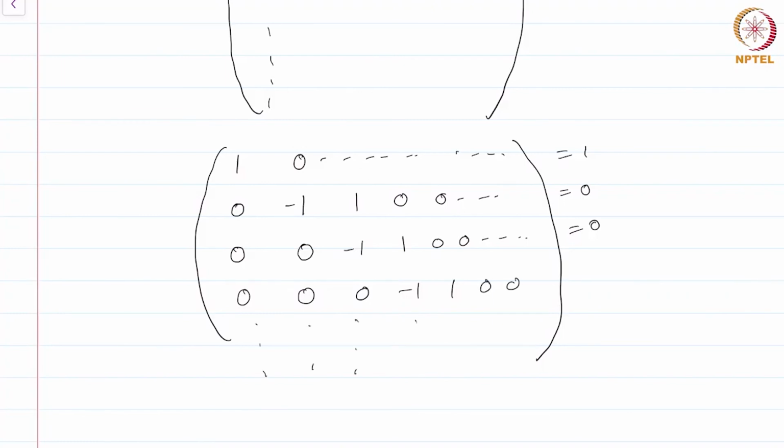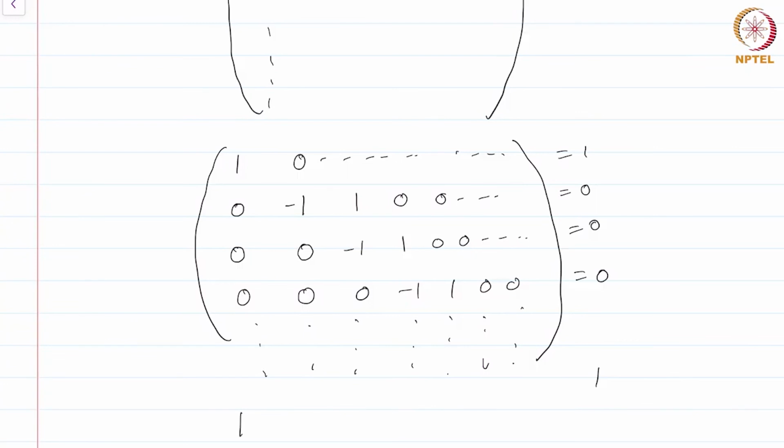And this pattern repeats indefinitely. So clearly the sum of the second row is 0, the sum of the third row is 0, the sum of the fourth row is 0, and so on and so forth. So the sum of these rows is just 1. Now on the other hand, if I sum up by columns, what happens?